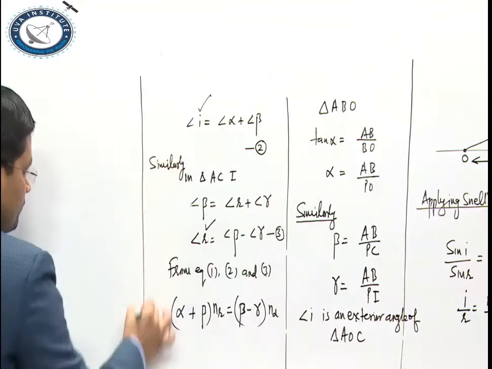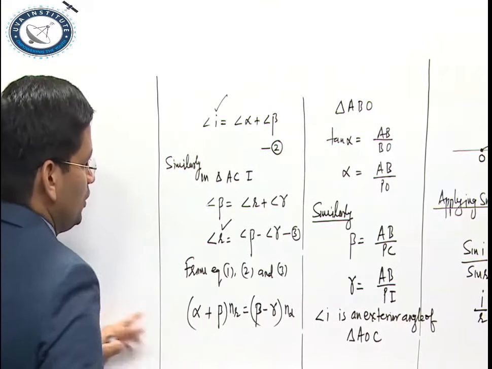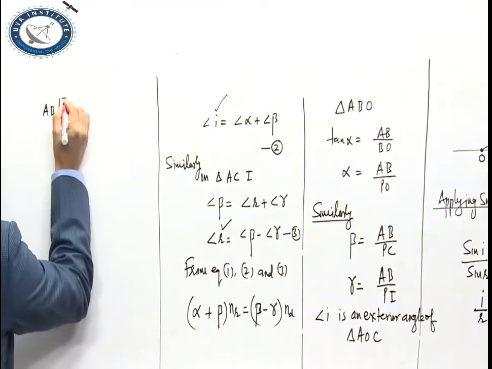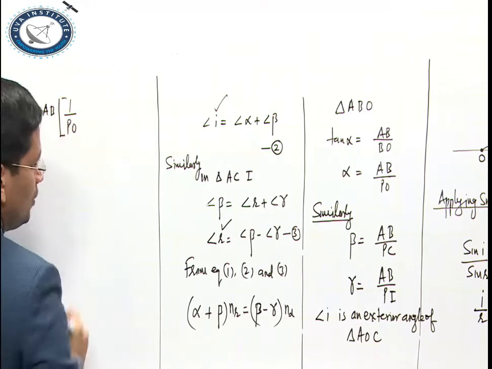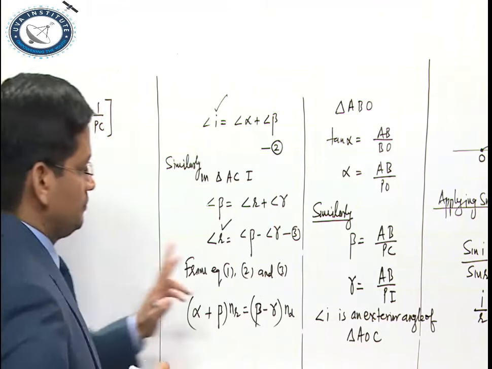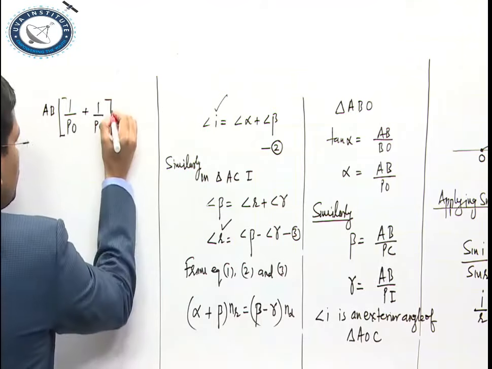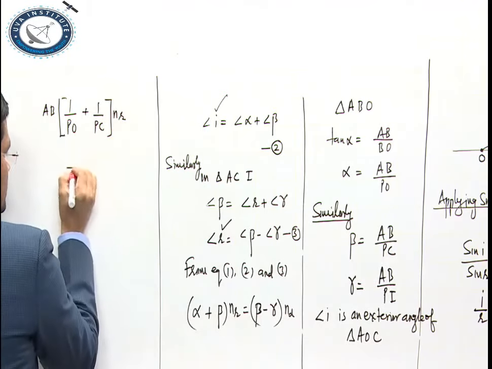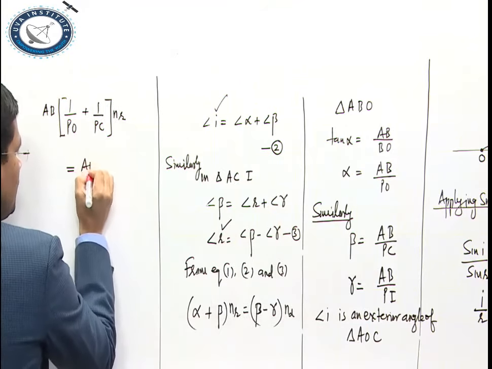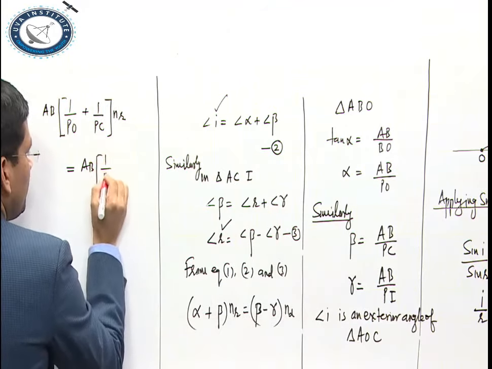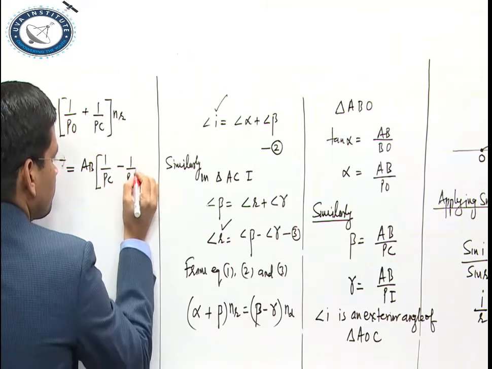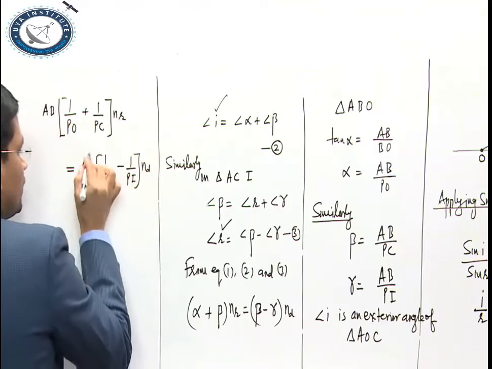Alpha is AB by PO, beta is AB by PC. So you can take AB common, and in bracket you have 1 by PO plus 1 by PC, into Nr. This is equal to beta minus gamma. Beta is AB by PC, so you can take AB out, in bracket 1 by PC minus gamma, which is AB by PI, so 1 by PI, and again this is Nd. So you can cancel AB with AB.